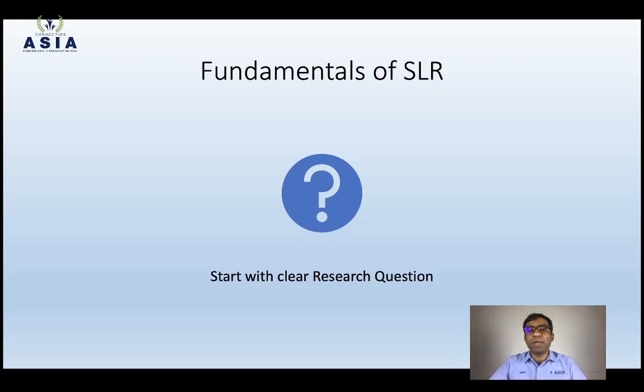Don't include many variables in one go, like moderators, mediators, or many concepts. You cannot add many of these concepts in one literature review process. So if you want to include more variables, you need to conduct more literature reviews. One literature review is not suitable for all. So focus on limited things. Start with a very clear question.